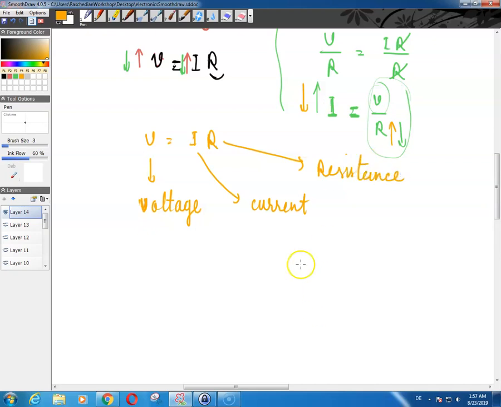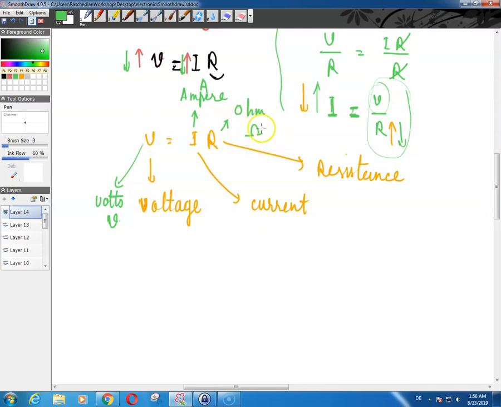Now the unit for voltage is volts, denoted by V. The unit for current is ampere, denoted by A, and the unit for resistance is ohm, denoted by this Greek letter omega.